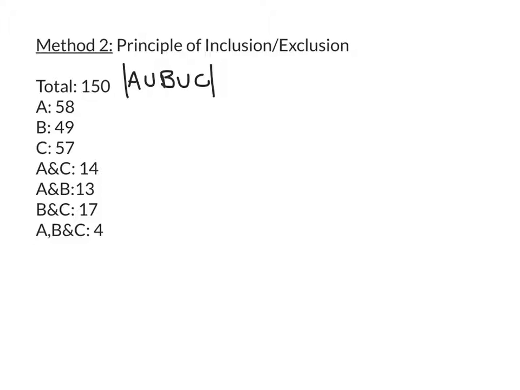So how many numbers are going to be in the set of A or B or C. And to start off, you start by just adding together how many people are in A and how many people are in B and how many people are in C.